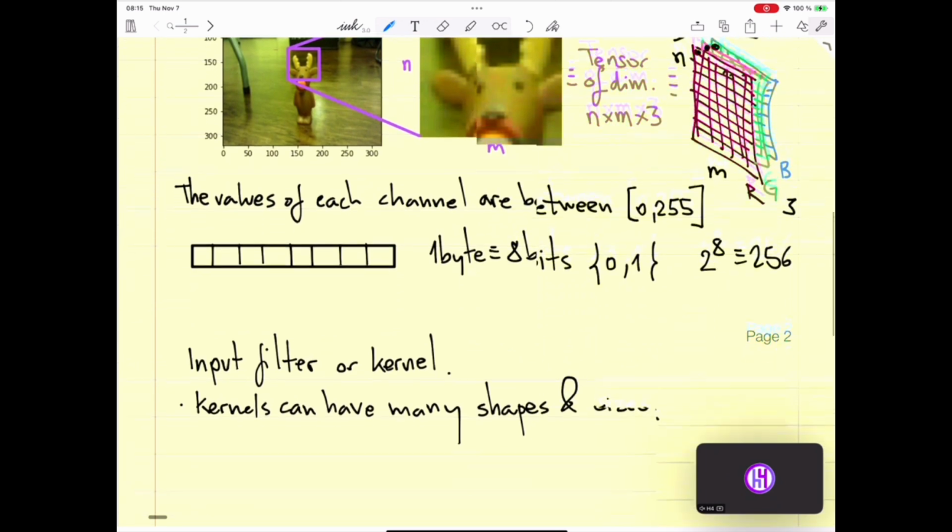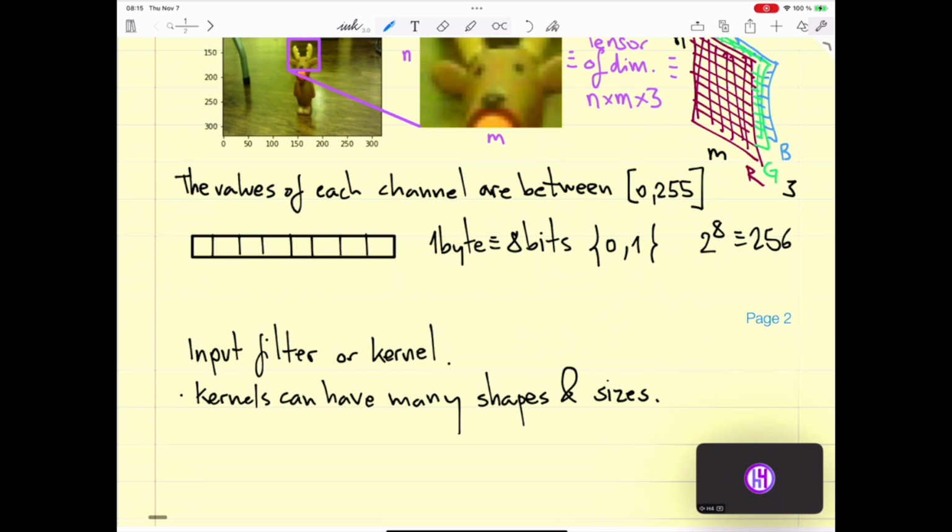Let's say from 2012 to 2018, many researchers developed many ways to filter. They developed different kernels, and that's the process you see of optimization of your iPhone.